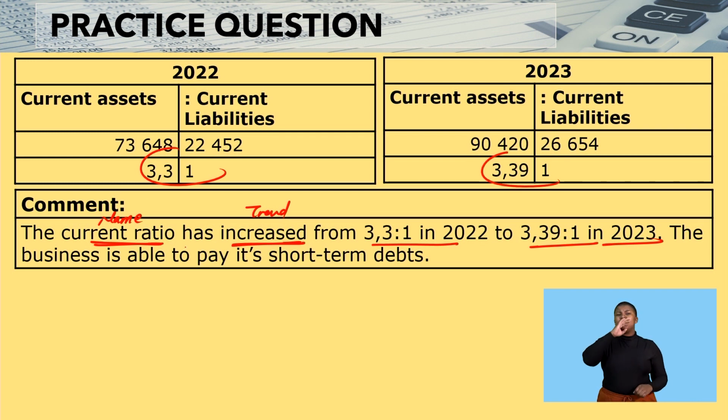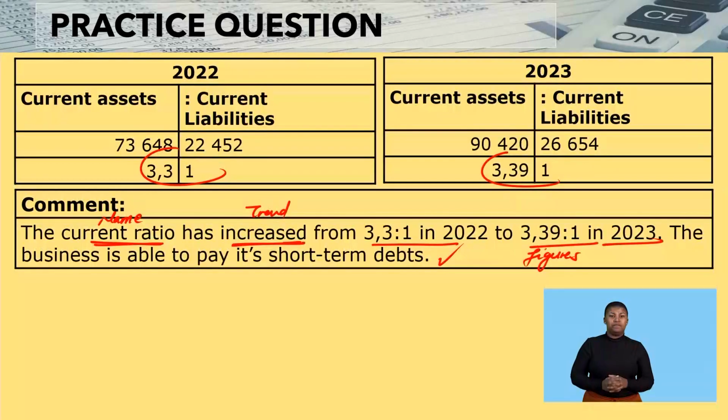That therefore means the business is able to pay its short-term debts. Once you have done this, that means you have calculated, you have compared, and you have commented. In your commenting, you were able to name, have the trend, and have the figures. That becomes key in your analysis and interpretation of financial statements.